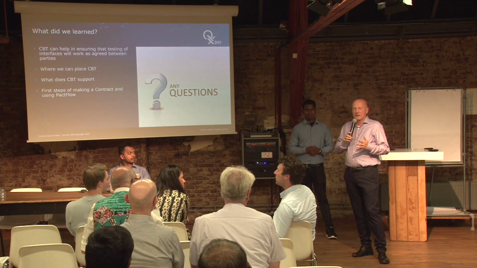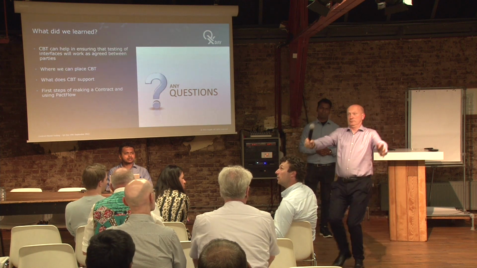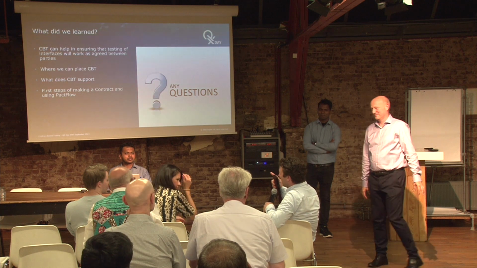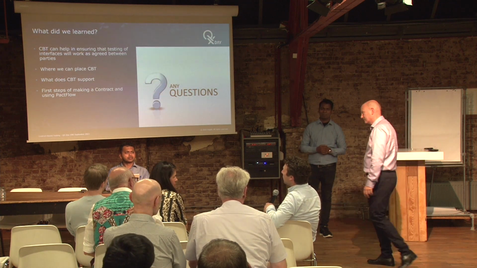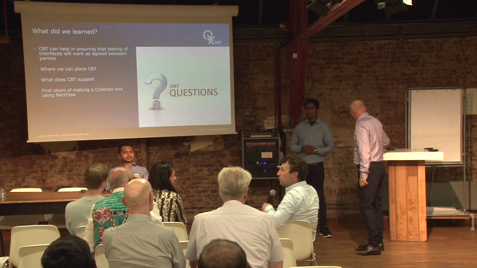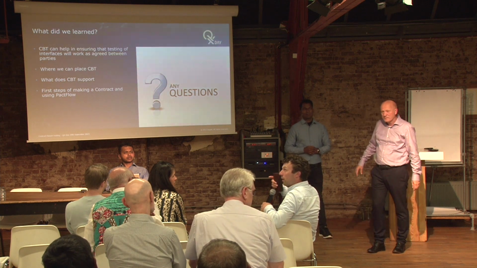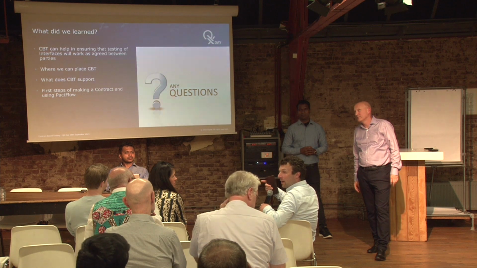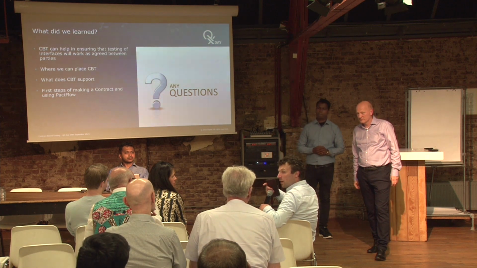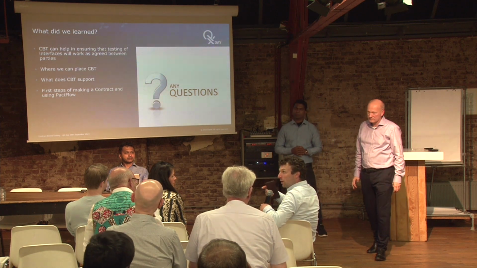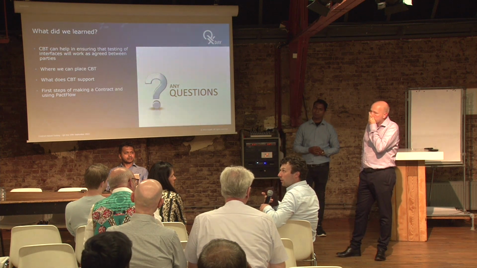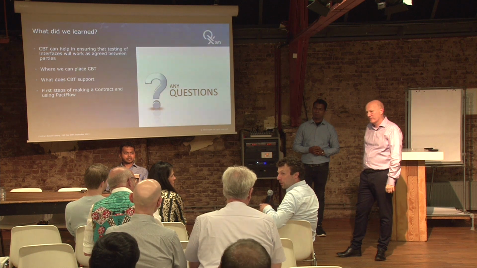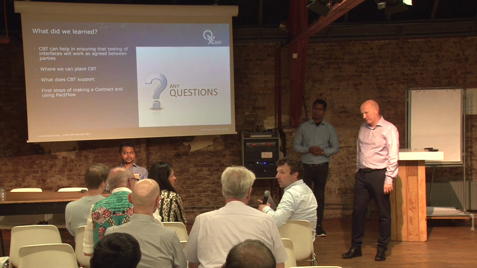One of the big advantages, in my opinion, and that was also what Omkar was showing, is that you make a contract from one end of the line, and then the other party can validate their interface against that contract. So you're not building your integration test or your API test on assumptions, but on agreed contracts.